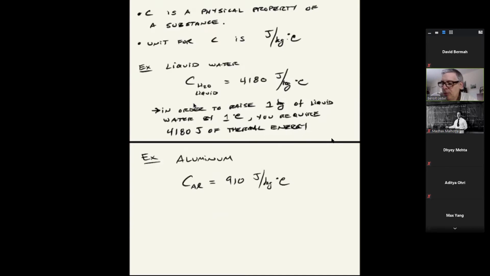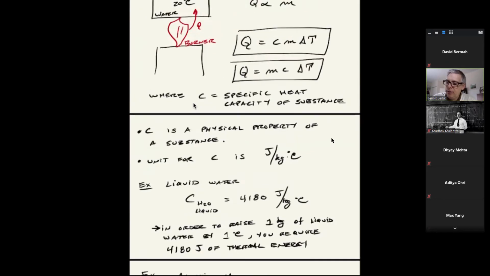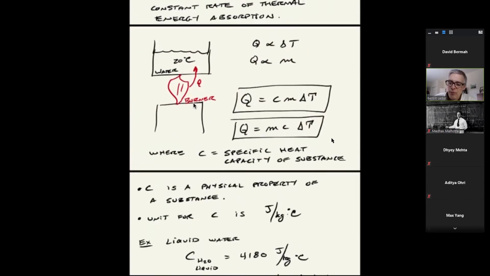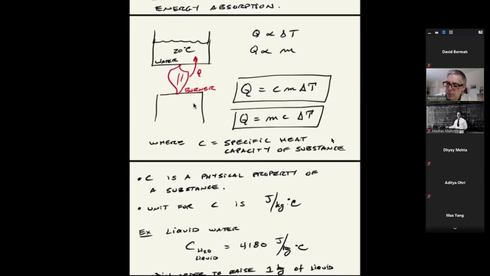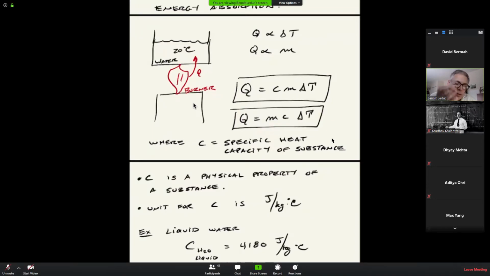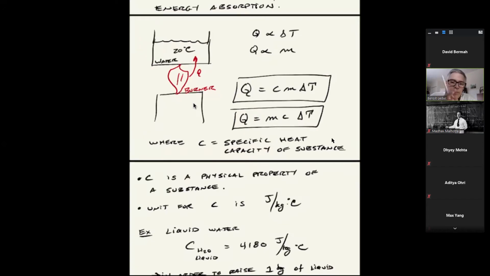I'm not going to do an example because it's fairly easy here. You just have to use this formula right here and isolate the variable. For example, aluminum needs 4,000 joules to raise the temperature by 5 degrees Celsius, find the mass.